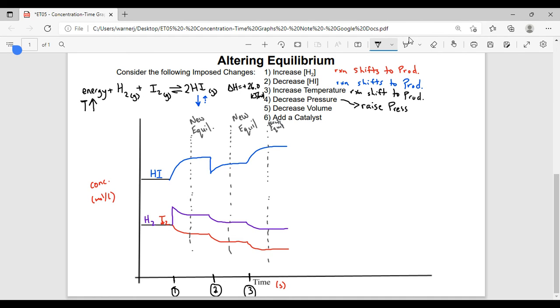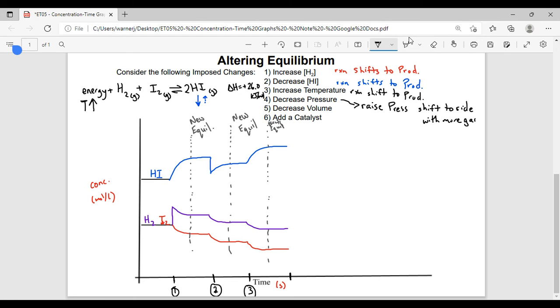So the reaction is going to shift to the side of the reaction that has more gas molecules, because more gas molecules means more gas molecules to smash into the side of the container, hence raising the pressure. So ideally it wants to shift to the side with more gas. That would be the response.